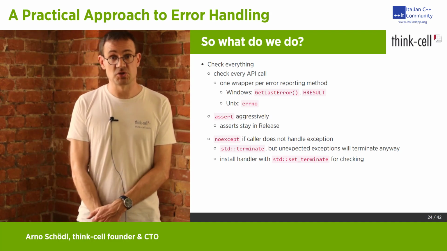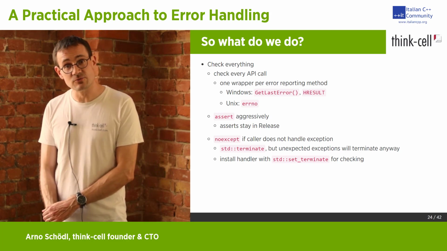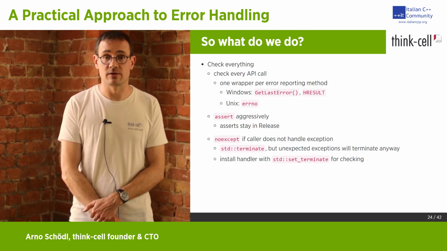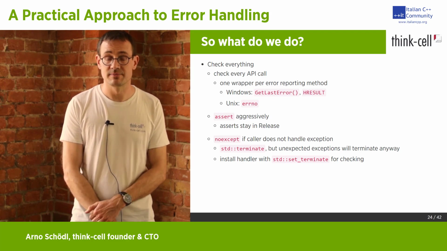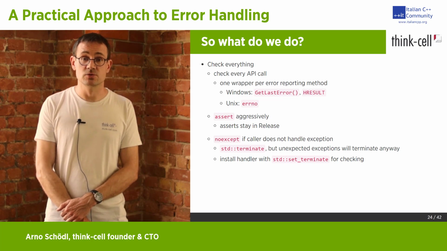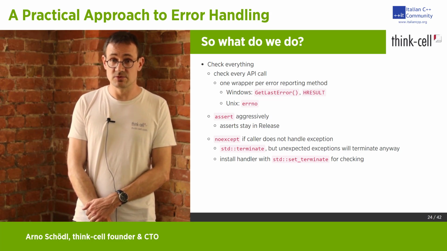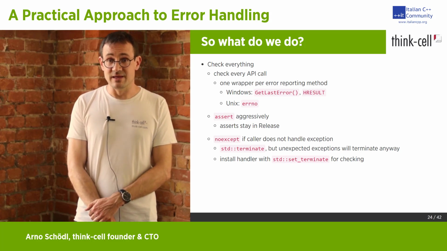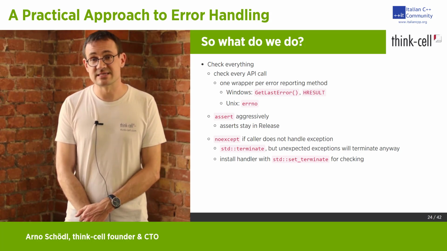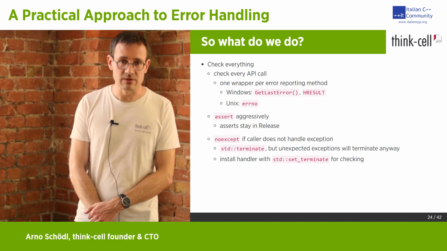We have lots of asserts that assert aggressively and they stay in release mode. So they're not thrown out when we ship the program to the customer. They stay in. All the functions that are not expected to throw exceptions are actually marked noexcept. This may seem to be overly aggressive, but if your program doesn't expect exceptions to come out of a function, then probably it will go wrong anyway.